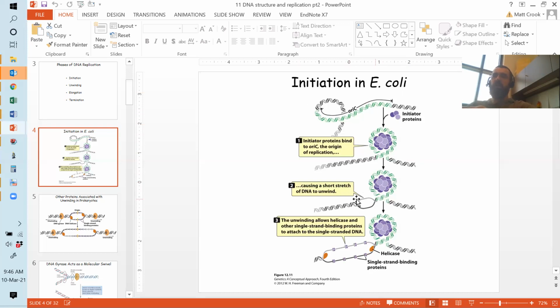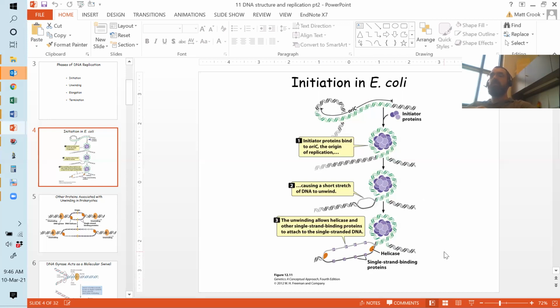So you get this little bubble of single-stranded DNA. Once that single-stranded DNA is opened, then you have, rather unimaginatively named, single-stranded binding proteins. These do not play a role in DNA replication itself.